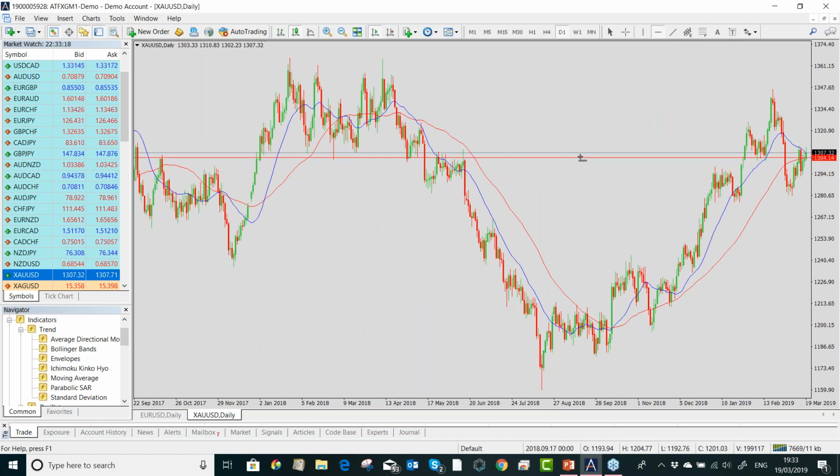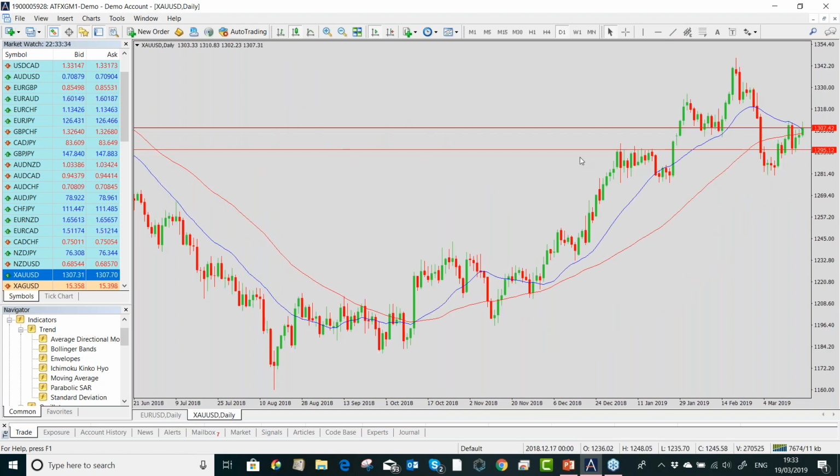So, for example, drawing levels of support and resistance, we can see here that price is struggling to get through this level here, and we could have a strategy whereby if price does manage to get through this level, we could decide to buy.